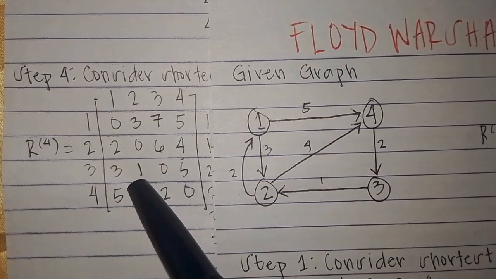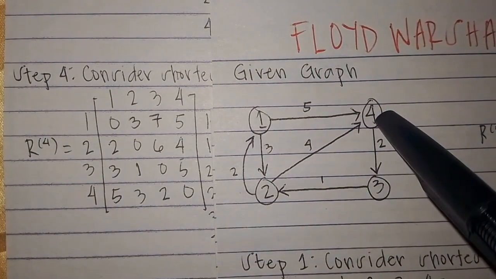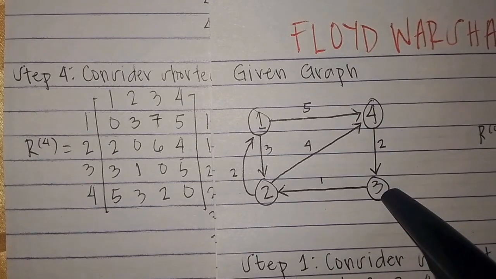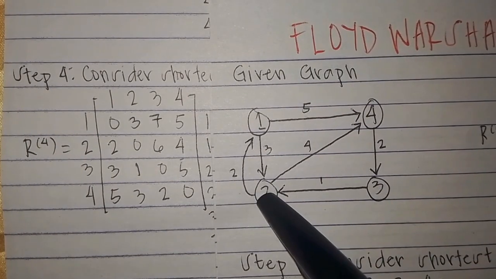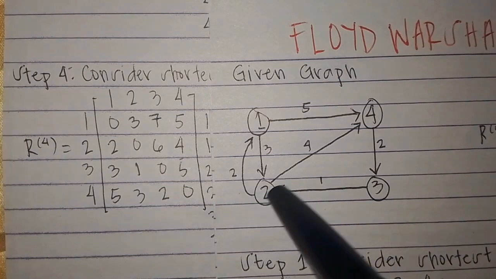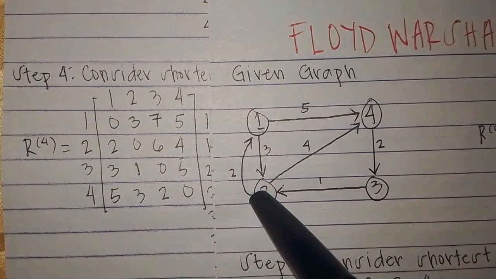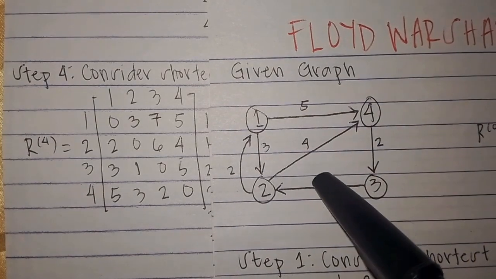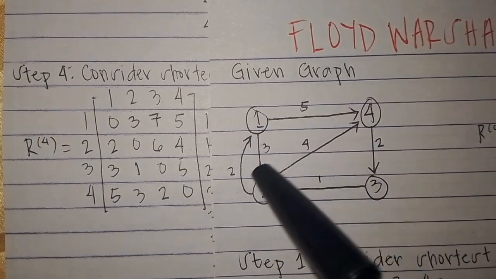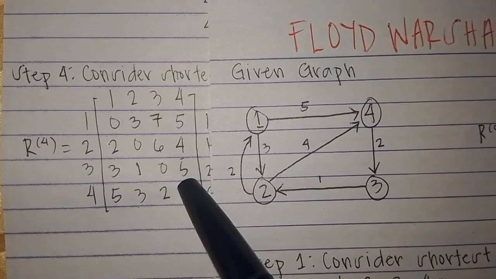Same as here. And 3 to 4, there is no direct path. Through the vertex 2, we need to consider 3 to 2, then 2 to 4. So 1 plus 4, it's 5. Same as here, it's 5.